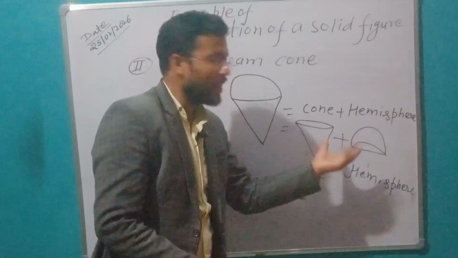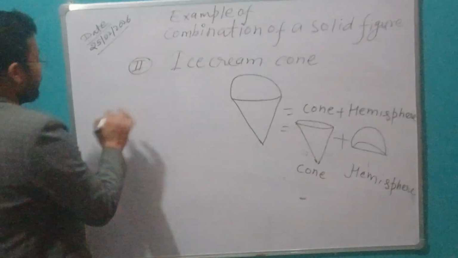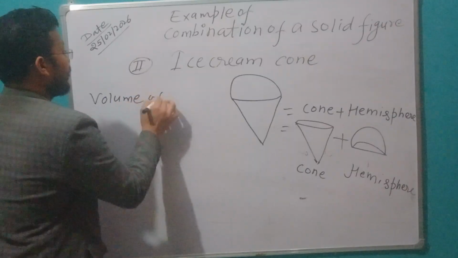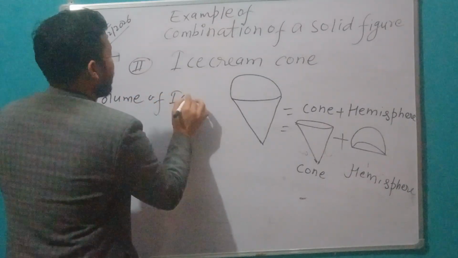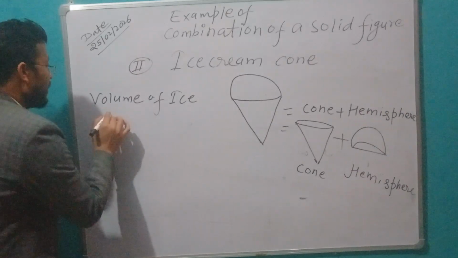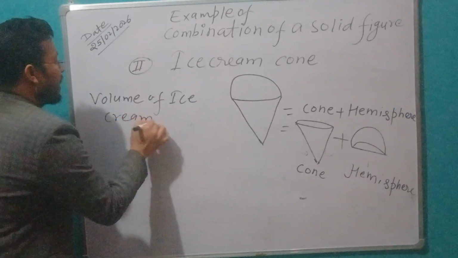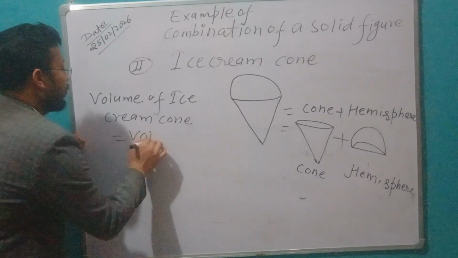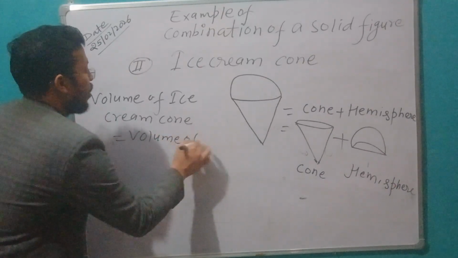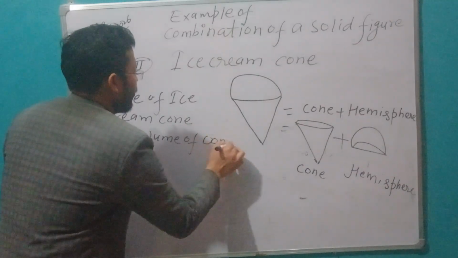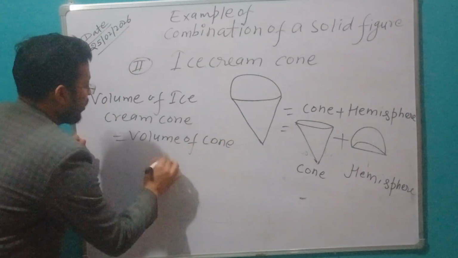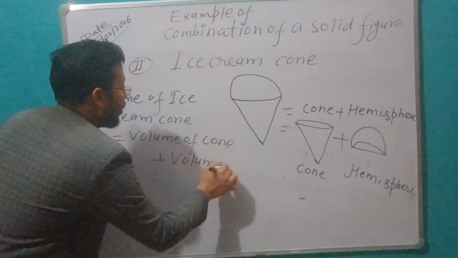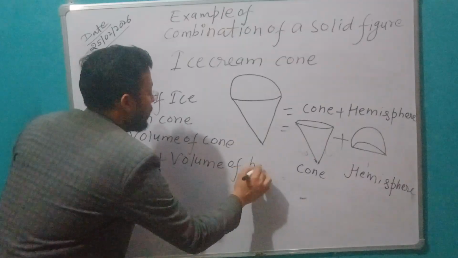The volume of the ice cream cone is equal to the volume of the cone plus the volume of the hemisphere.